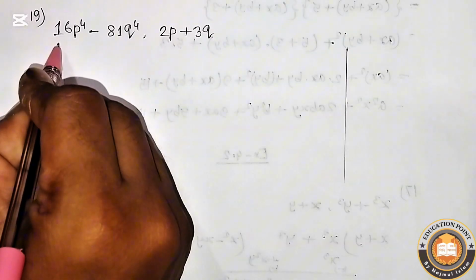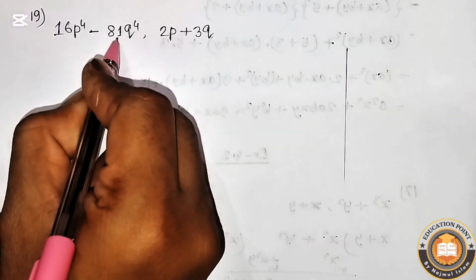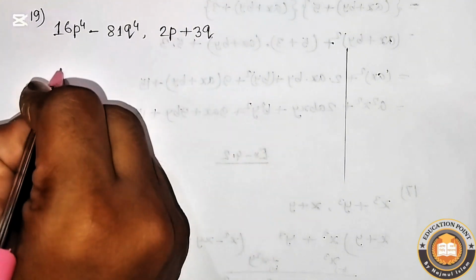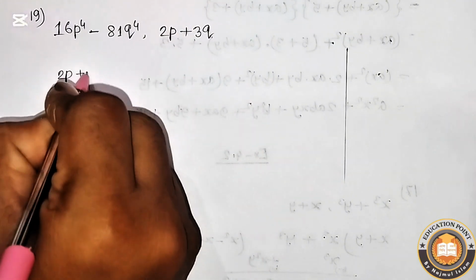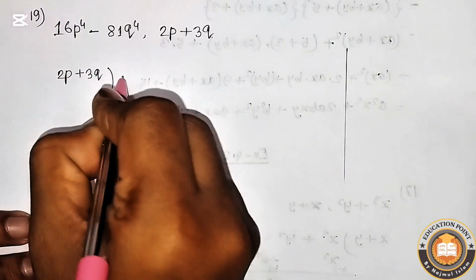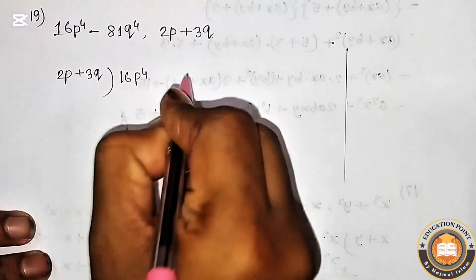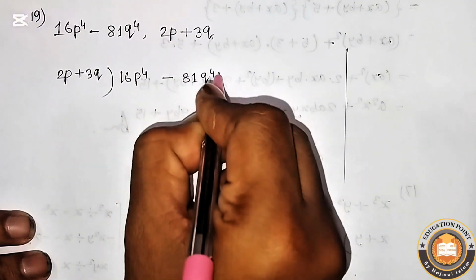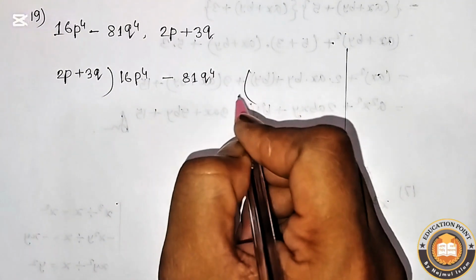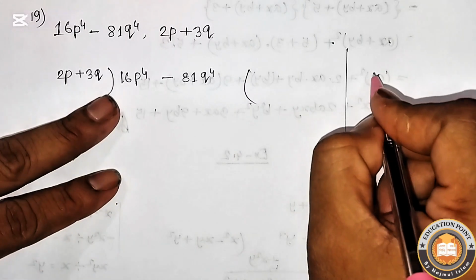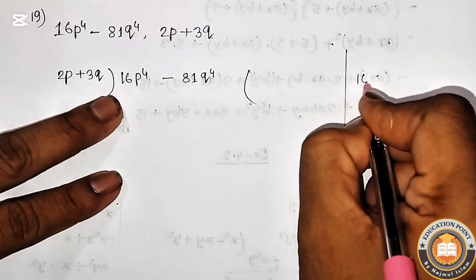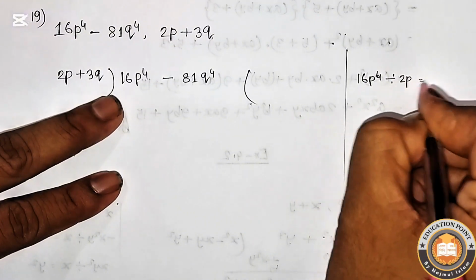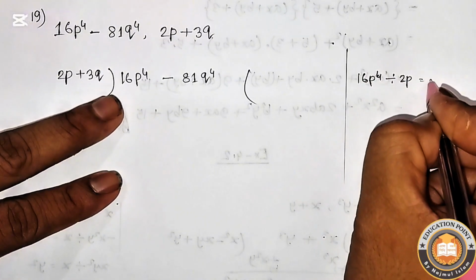Question number 19: 16 p to the power 4 minus 81 q to the power 4 divided by 2p plus 3q. At first 16 p to the power 4 divided by 2p. Here 16 divided by 2 equals 8.